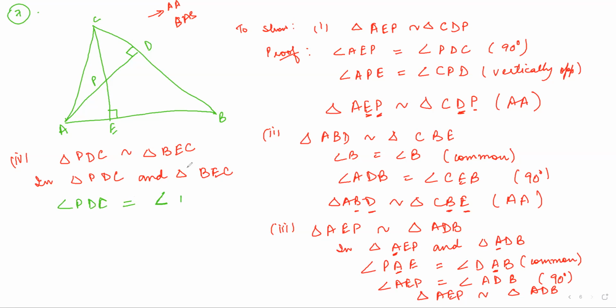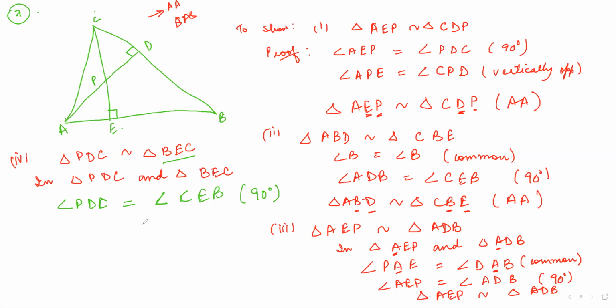Take this CEB, because I'm taking triangle BEC, so take the complete side. Look here, which is BEC, so take side CE, CEB. Don't use P here. Both are 90 degree. And what else?